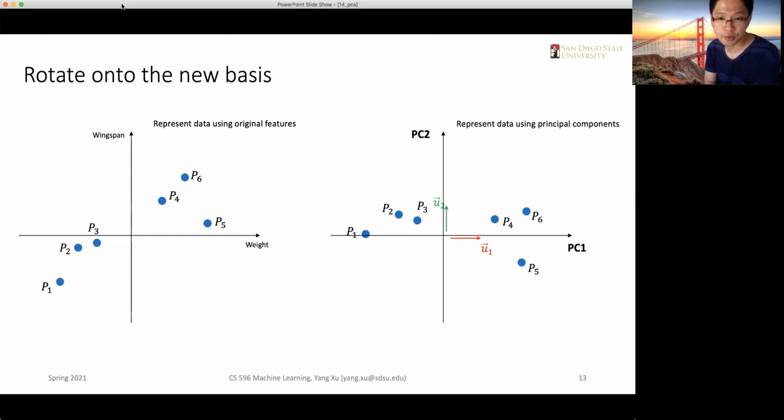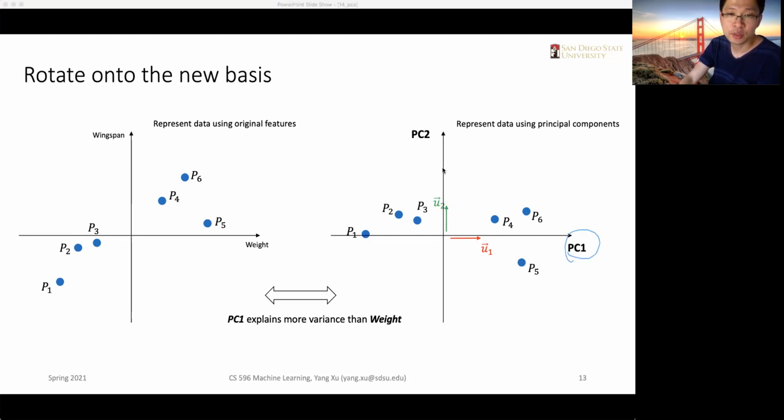Compared to the old view of the data, it's kind of rotated, right? The advantage is that the new x axis and y axis, the new features, describe more variance than the raw features. The raw features, like weight, don't explain as much variance as the PC1.